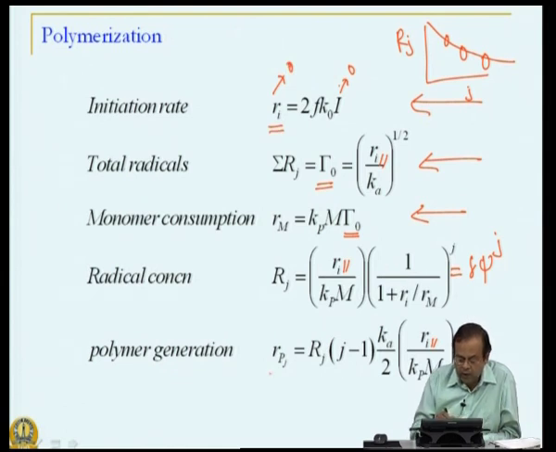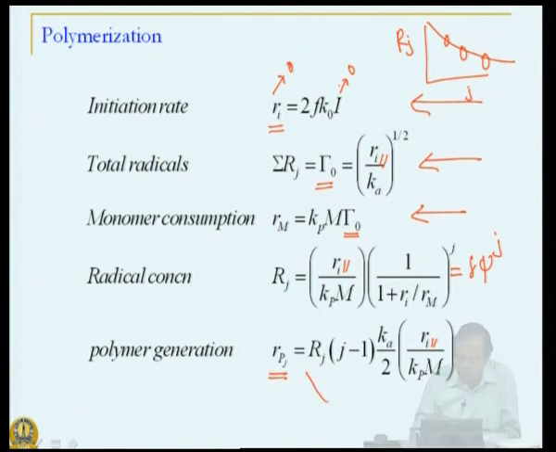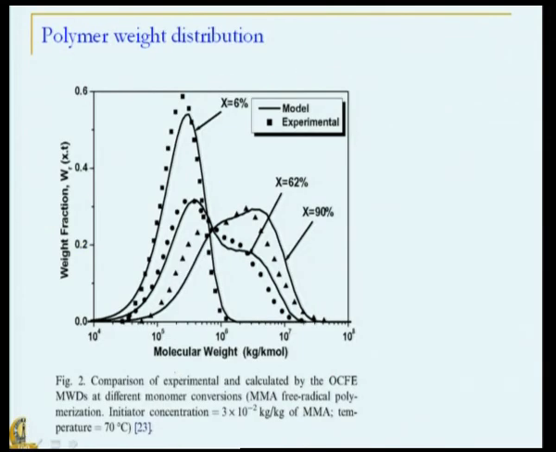Now, if you look at the rate of polymerization, we find that the Rj function is continuously decreasing as a function of j, while j minus 1 is continuously increasing. Hence, the product of the two, if you plot it as Rpj as a function of j, always goes through a maximum, and that is the distribution of the polymer that we find.